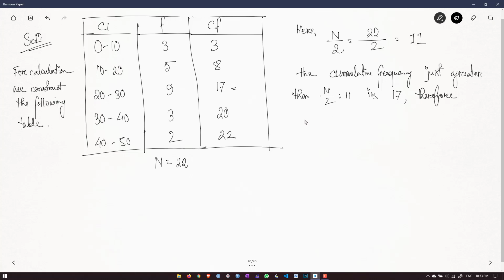Therefore 20 to 30 is the median class, right? So this is how you will write the solution. Here n by 2 is equal to 22 by 2 is 11, right? The next value, preceding this, is 17. Therefore the median class is this, right?